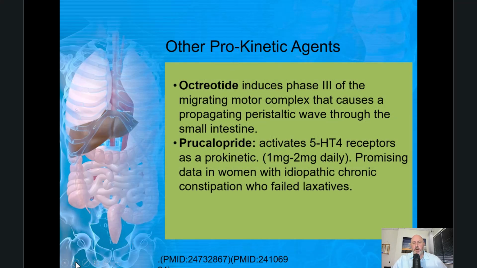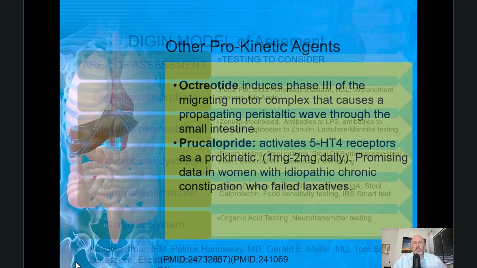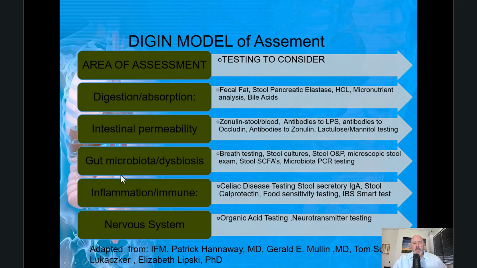Some more information about potential prokinetics. Naturopathically, if you have not been to a naturopath or a functional medicine doctor, you'll know that we do some additional assessment beyond the breath testing. We might look at enzymes and bile function, also intestinal lining markers.